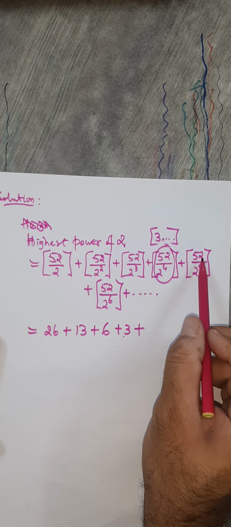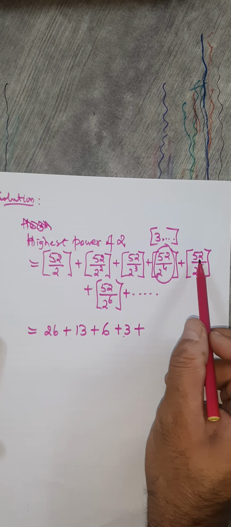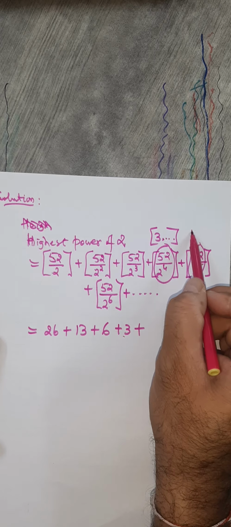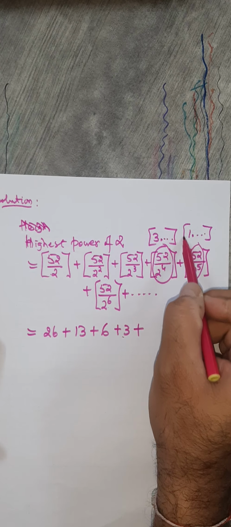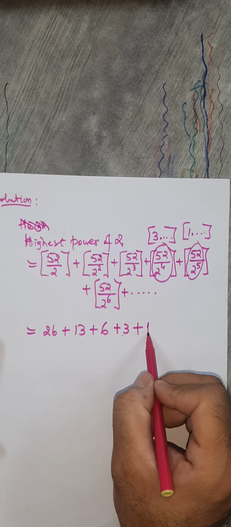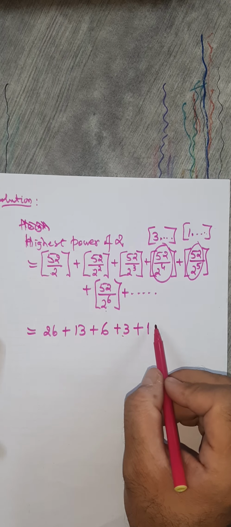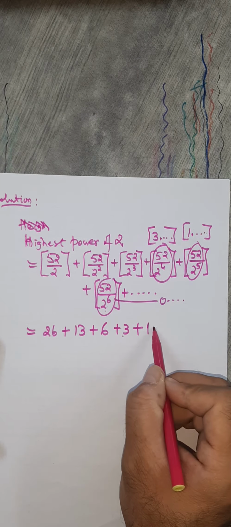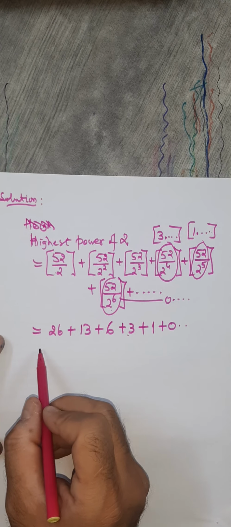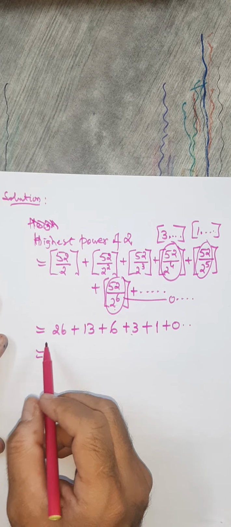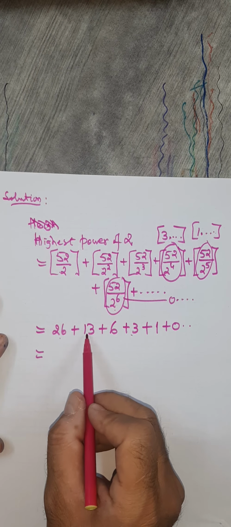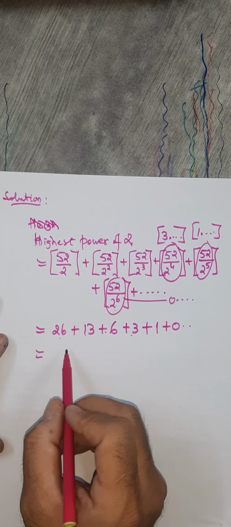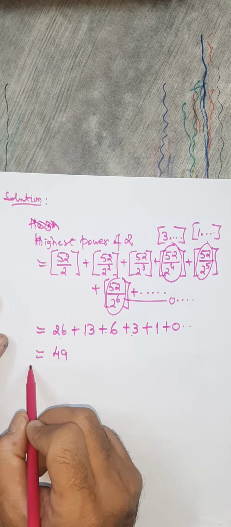This is nothing but 32. So 52 by 32 is 1 point something. And what's the box value of 1 point something? It is 1. 52 by 64 will give 0 point something, remember. And what's the box value of 0 point something? 0. So if you add 26, 13, 6, 3, 1, you'll get 49.